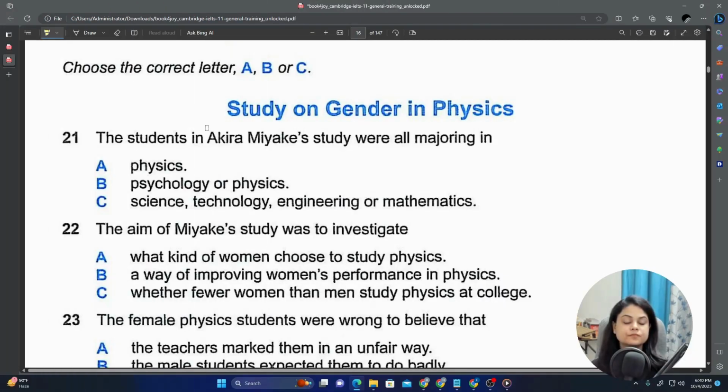Section 3. You will hear two psychology students called Lisa and Greg discussing a project they have to do. First, you have some time to look at questions 21 to 27.